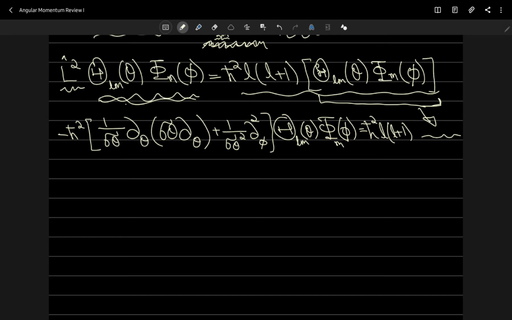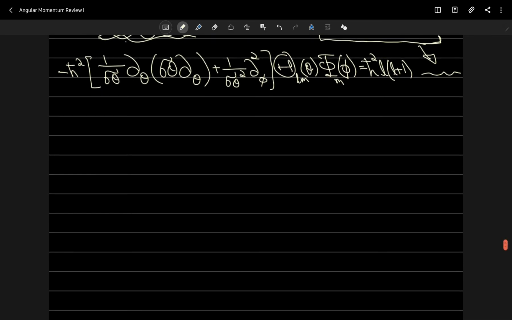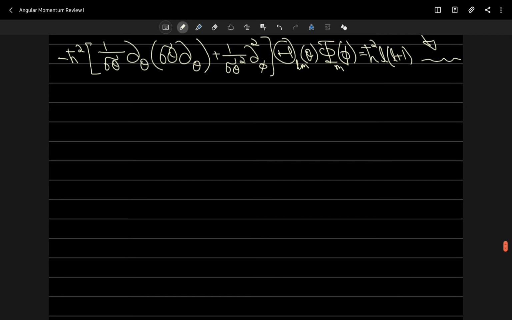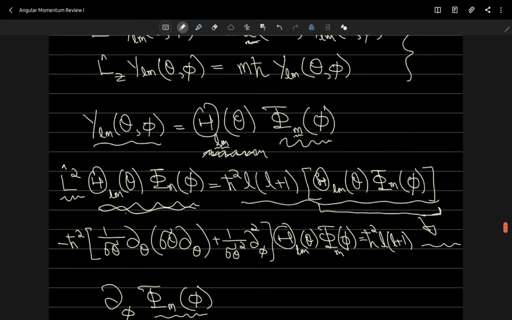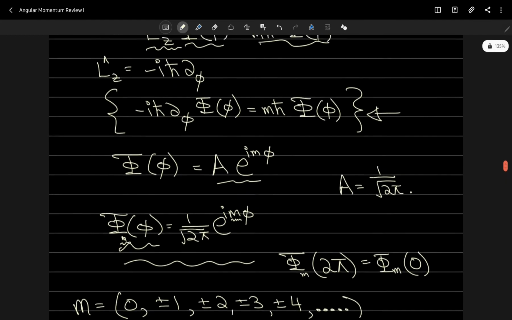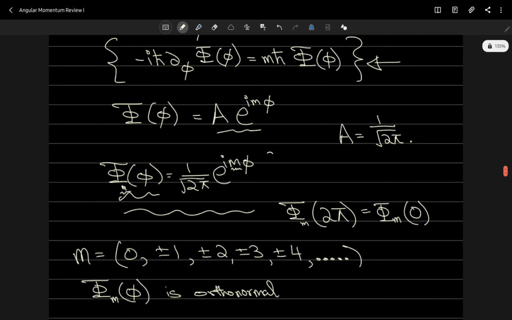Now let's quickly note the partial derivative with respect to phi of capital Phi_m. We have computed this function, so we just have to take its derivative with respect to phi.